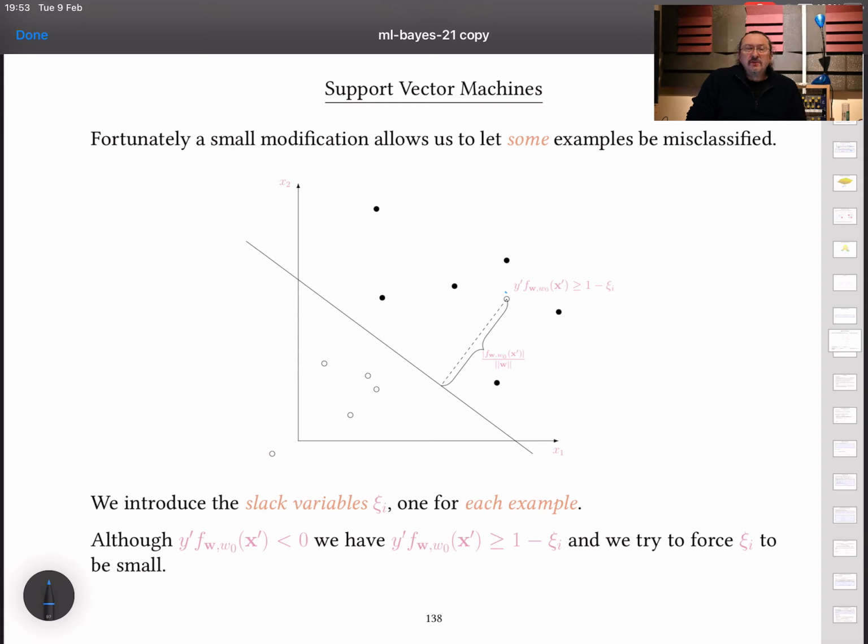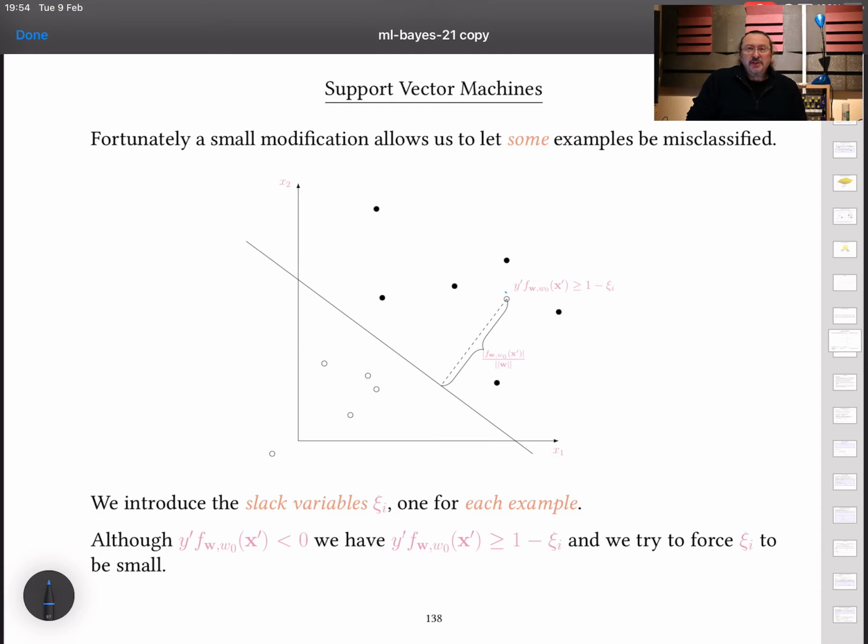Now that's going to be negative, so we can't impose the constraint anymore that we did with the maximum margin classifier, which was that y prime f of x prime would have had to have been greater than or equal to 1. So we need to be able to relax that constraint, but we want to relax it, if you like, as little as possible.